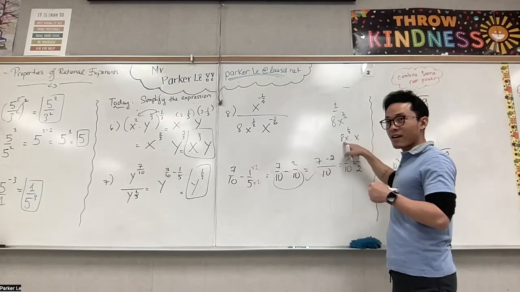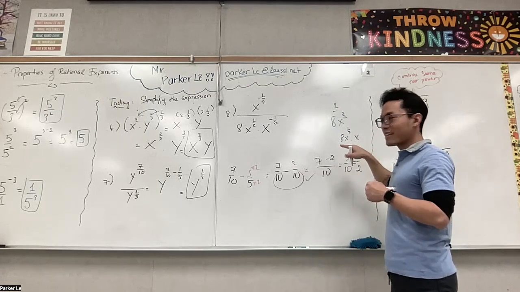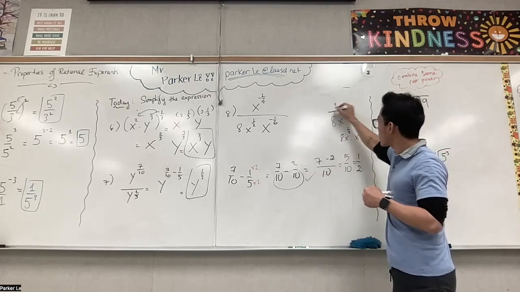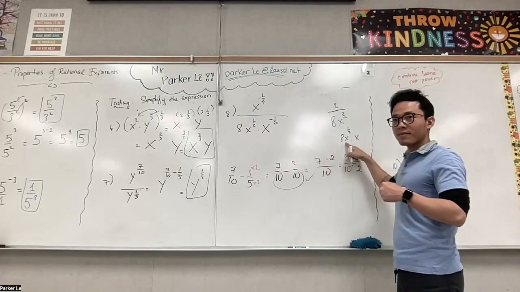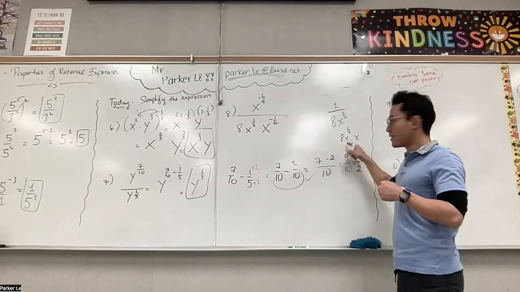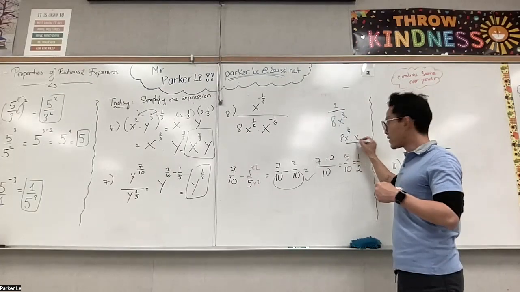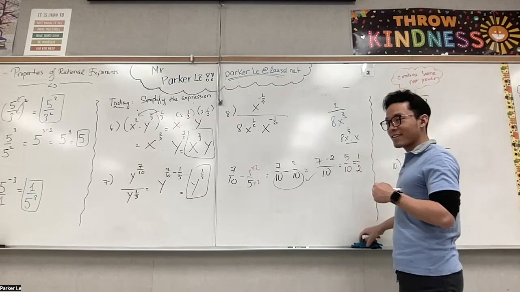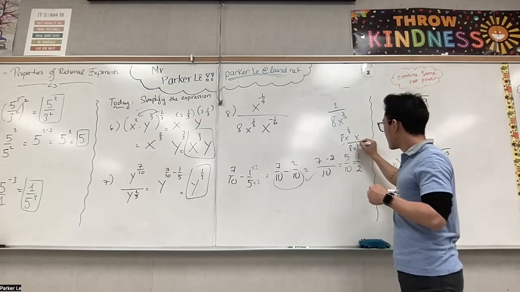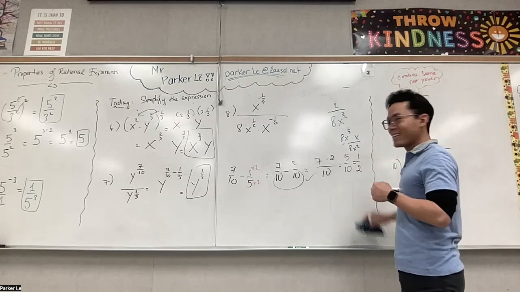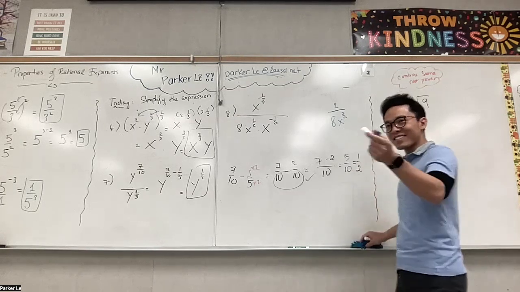So 8 on the top. Like your fraction, right? 8 here is on the bottom, but now your 8 is on the top. Oh, on the bottom. Never mind. Tell me again.